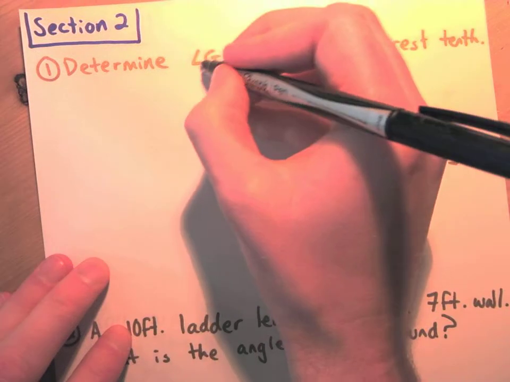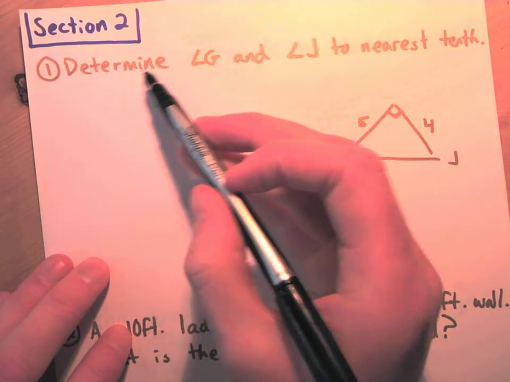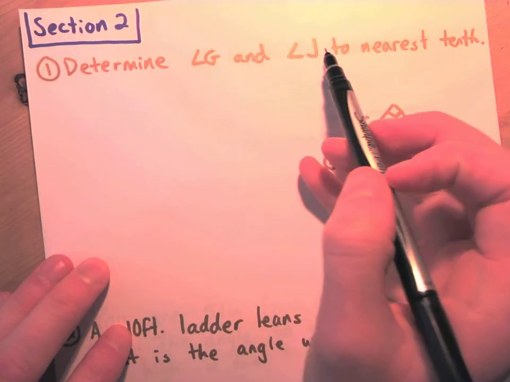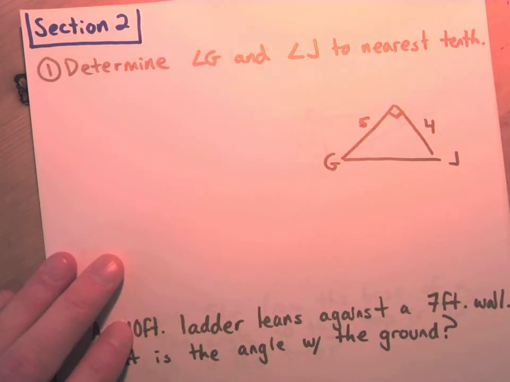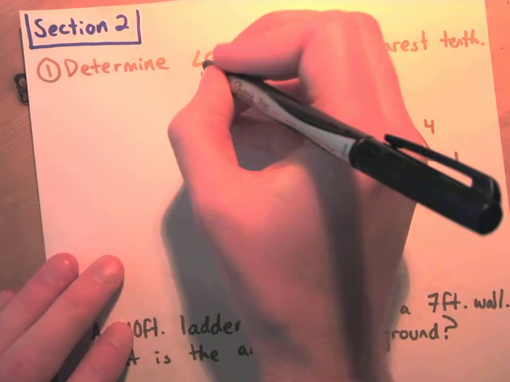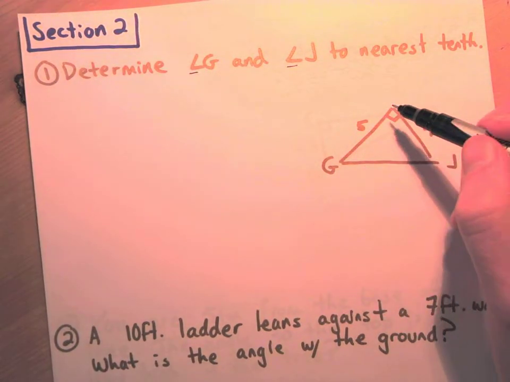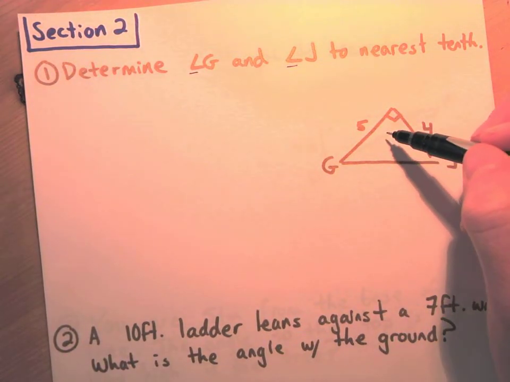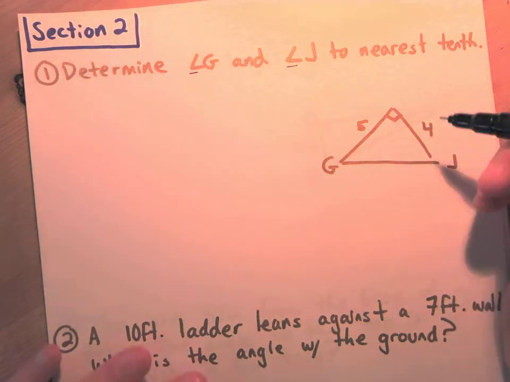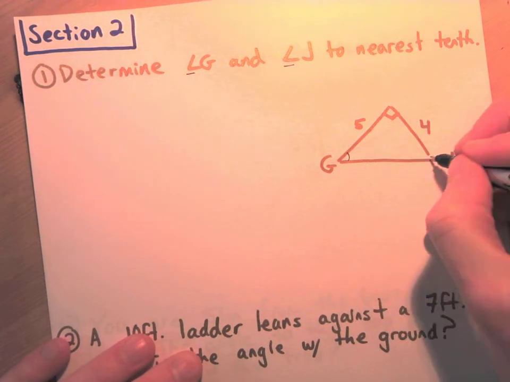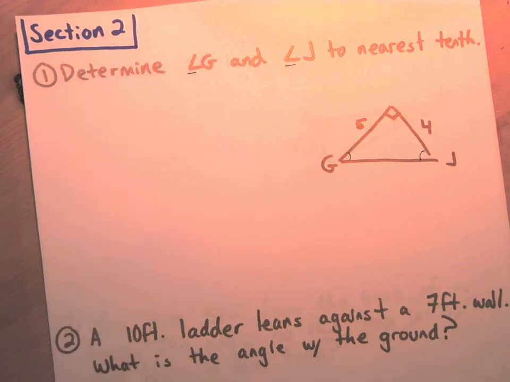This is not an L, this is an angle. It means determine the angle G and the angle J to the nearest tenth. Okay, so we're trying to find an angle just like the last question. So when you got to do that, you got to use that inverse button just like we did last. So here we have angle G, angle J. Okay, where do we go from there?